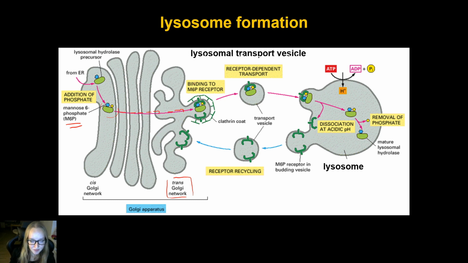It's quite nice. And this lysosomal enzyme is captured here, and a piece of membrane is separated from the Golgi complex, and the lysosomal transport vesicle is formed like this.